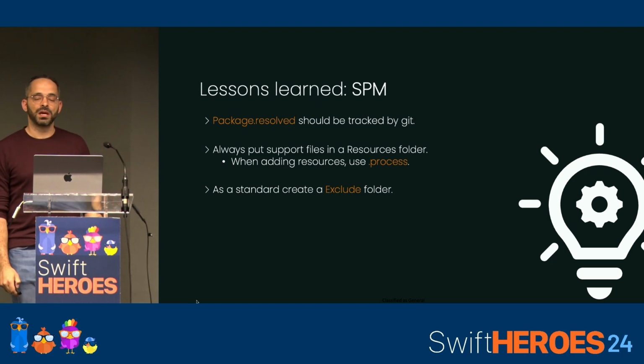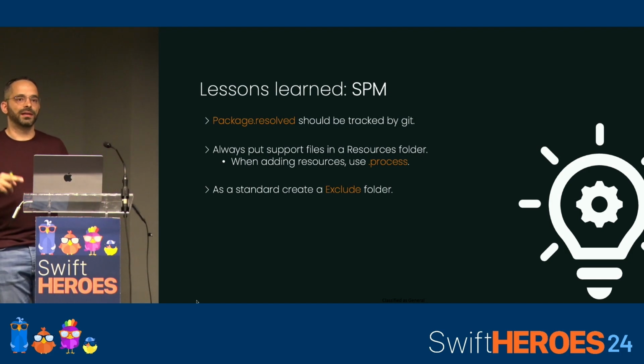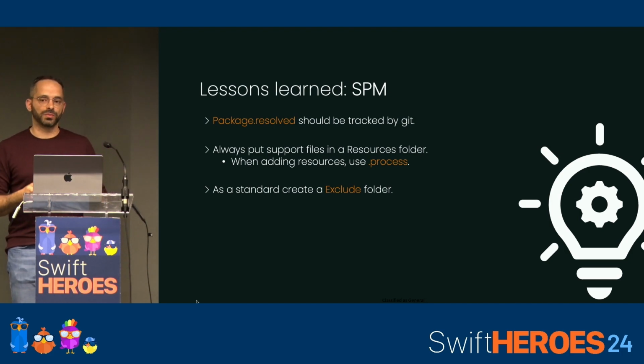And be aware, and this is something we experienced not so long ago. For some reason, a developer at a third-party company was using copy when they were adding resources to SPM. And what this caused is that basically Xcode adds that file to the bundle exactly as it is. So for example, files like zip files, JSON files, images, Xcode comes with some stuff that basically compresses those files for you and then optimizes them.